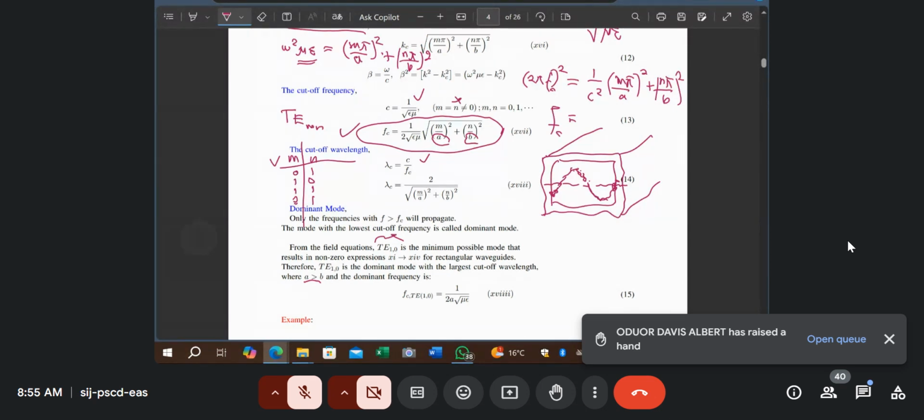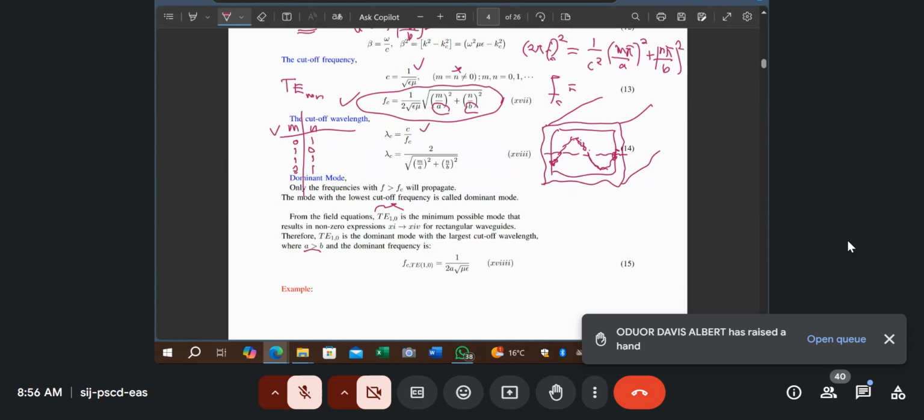And now you can calculate the dominant frequency, isn't it? You can always reduce it, because now we are saying n is equal to 0 for the dominant mode. So if n is 0, because it's TE10, and we're talking about TE_MN, we have fc for TE10 equal to 1 over 2 root mu epsilon, but m is 1, and we have a squared, so 1 over a.